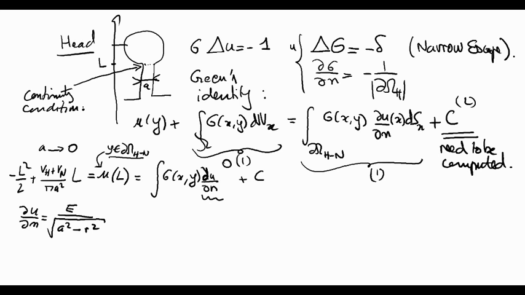This is for a cylinder or a disk of radius A, and R here is the radius. So if we now write the condition for the flux, if we integrate the first equation over the head, what do we get? We get that du dn, which is minus 1, is equal to minus the volume of the head.